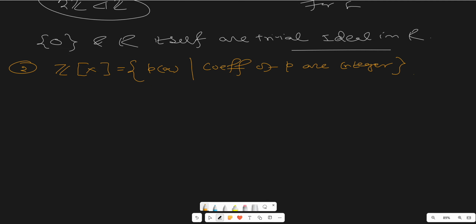This is a ring. In fact, this is a commutative ring with unity. Verify it if you cannot see it.